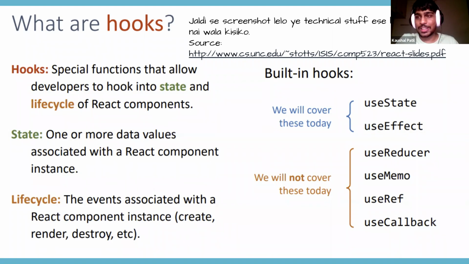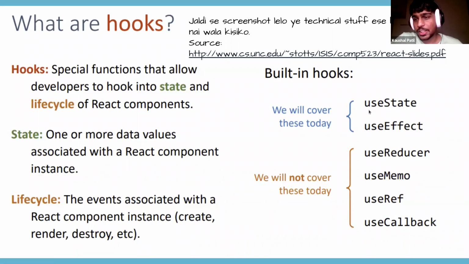I was almost late to this session because I went to do my Aadhaar card thing, and that is also associated with my lifecycle, that I have to maintain my state and my details. And when I die, I will have to get a death certificate and process my will and stuff like that. So that is basically the create, render, destroy lifecycle.